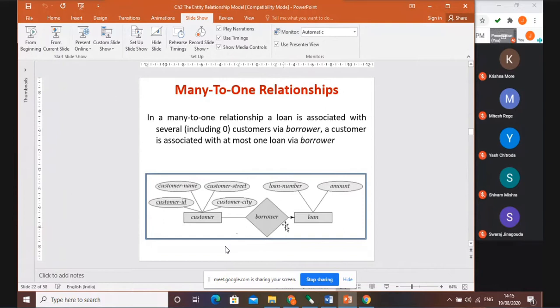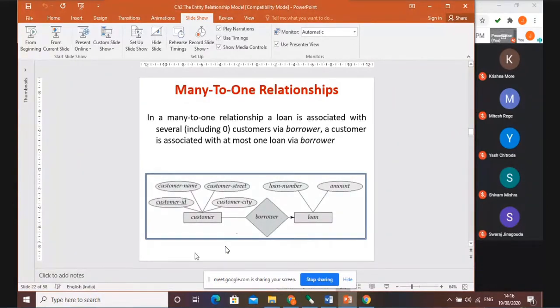Suppose I have it this way. So what does it indicate? Many customers. Sorry, instead of one customer, now we have many. One customer is associated with at most one loan here, in many-to-one. So at most one indicates the loan has to be one.